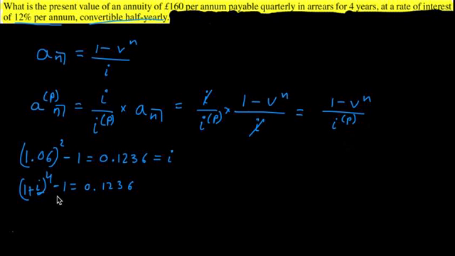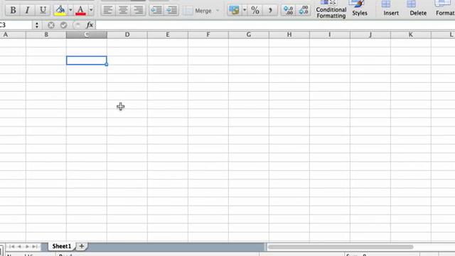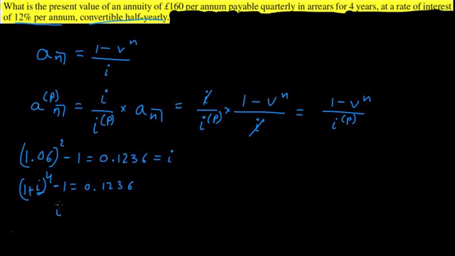So to find this effective quarterly rate, we put it into Excel: equals 1.1236 to the power of a quarter, minus 1, gives us about 2.956%. So we had i equal to around 0.02956. Cool. All good.